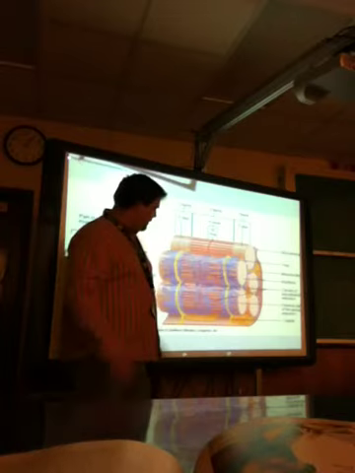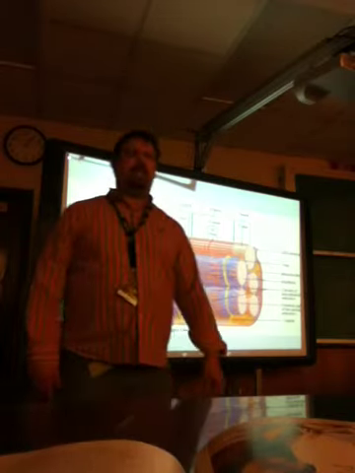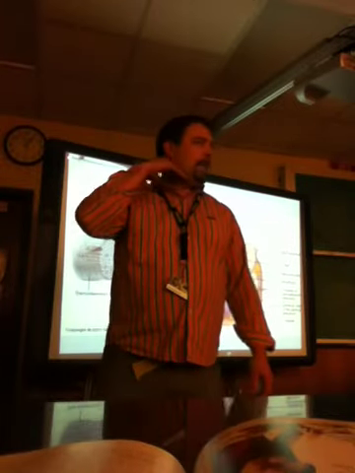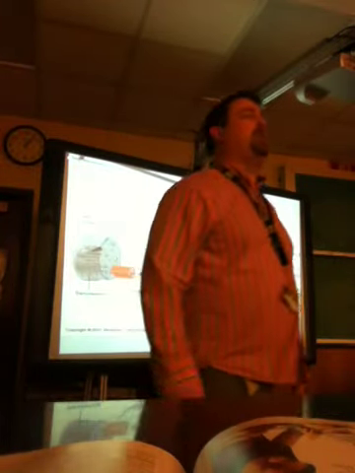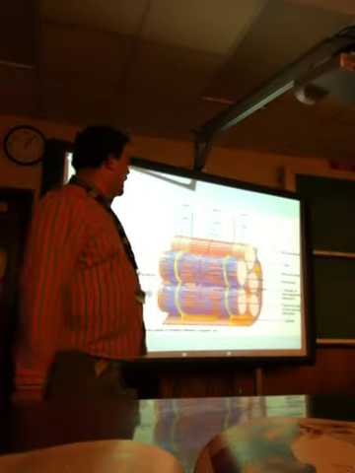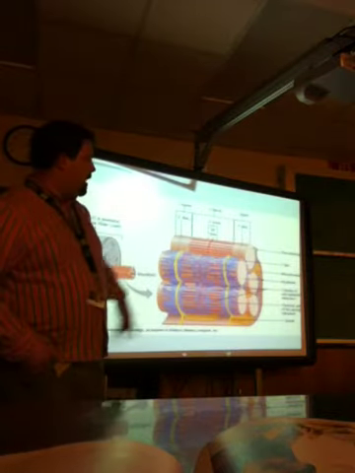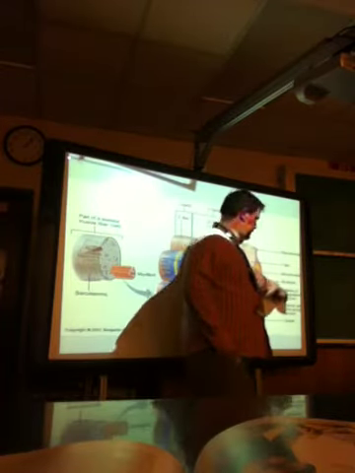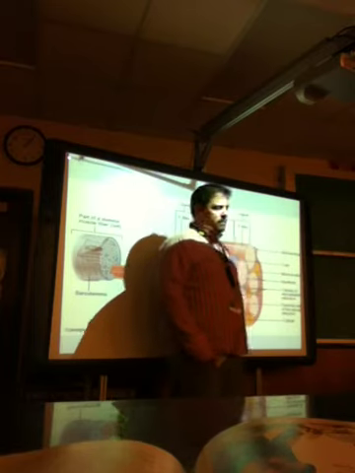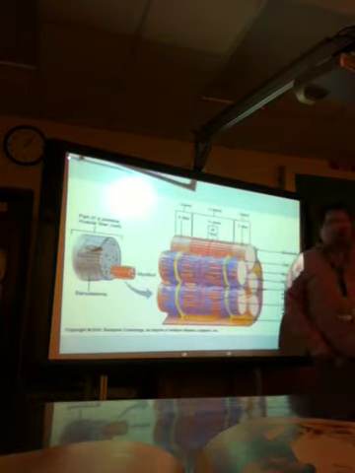See this blue stuff? All right, new term. Sarcoplasmic reticulum. Reticulum. Where did we hear that before? Endoplasmic reticulum. Sarcoplasmic reticulum. You'll see it on the next slide that I show you. How would you describe its location?